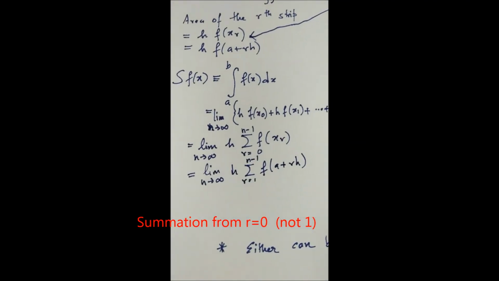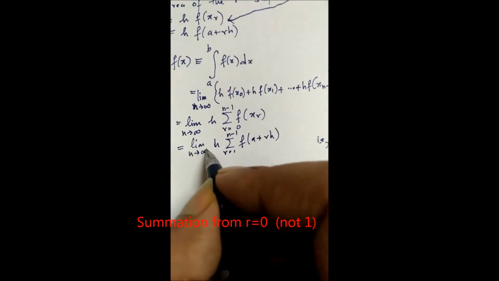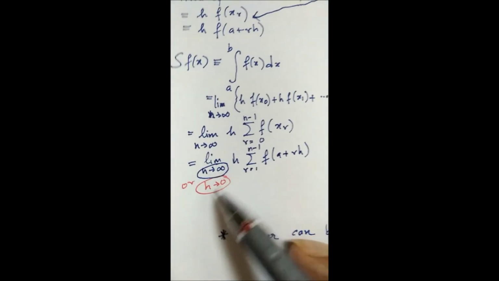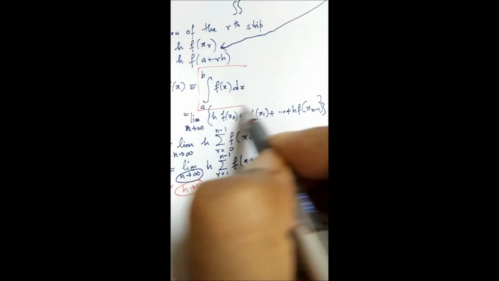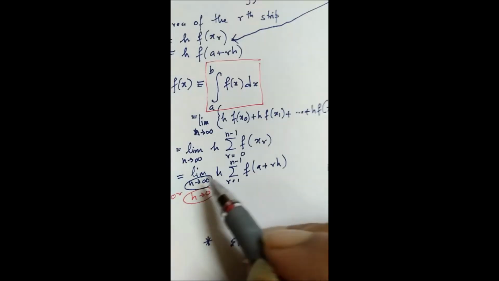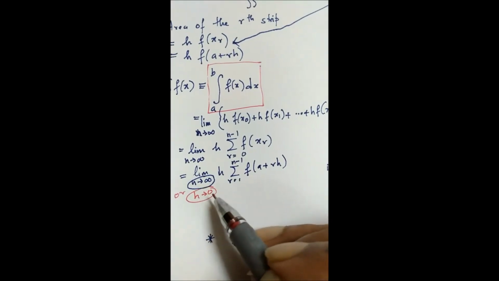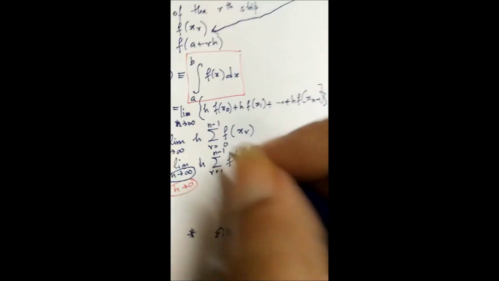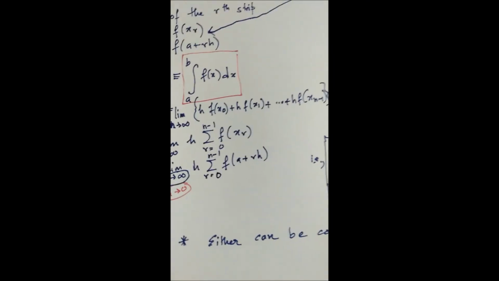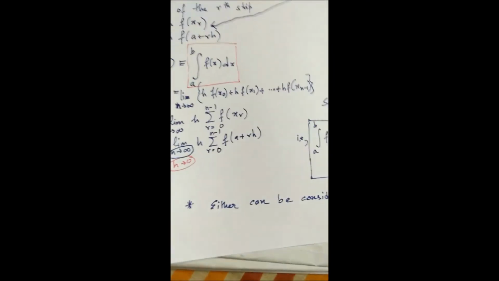This is the form. Either you write this, or you may also write this. Optional. Because as n tends to infinity, h tends to 0. So finally what do we have? Integral a to b f of x dx is the limit as h tends to 0 of h times the summation r equals 0 to n minus 1 of f of a plus rh. This is your required expression.